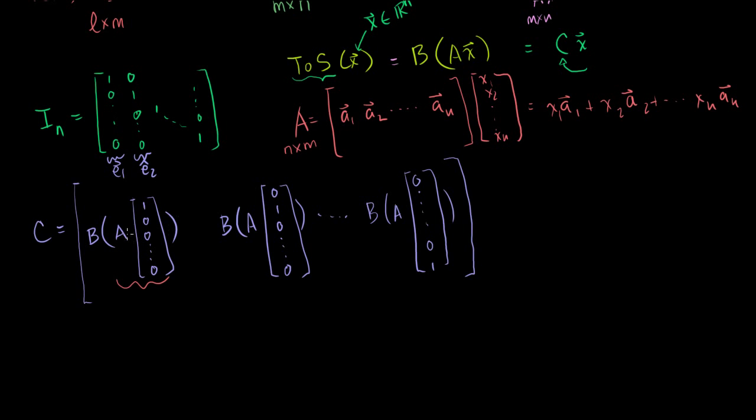So given that, what is this going to reduce to? This is going to be a1 times the first entry x1, plus a2 times the second entry, plus a3 times the third entry. But all of these other entries are 0. The x2s all the way to the xn are 0.